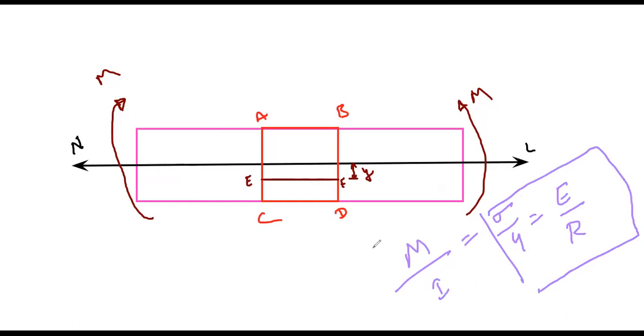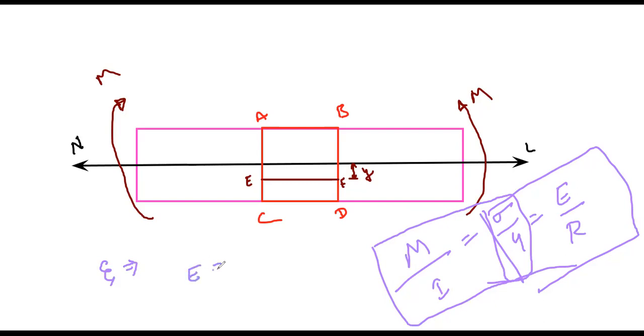To derive sigma by y is equal to E by R, first I should know the strain in the beam. If I know the strain in the beam, from Hooke's law, stress by strain, I can calculate the stress. So first I need to calculate the strain in the beam, then apply Hooke's law, and from Hooke's law I'll get the stress. This is the approach to derive this equation.